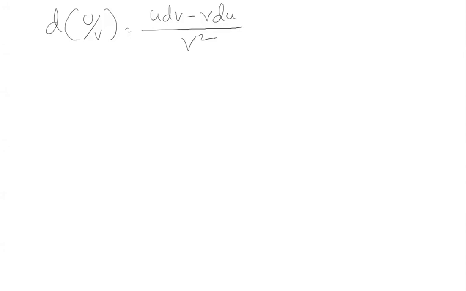I think this should be reversed: v into du minus u into dv, because v is in the denominator, no?